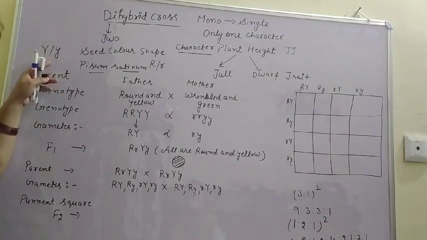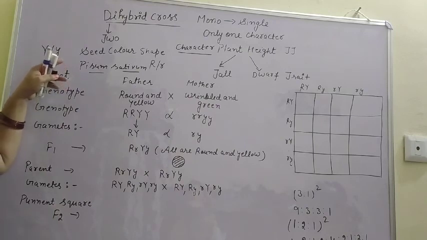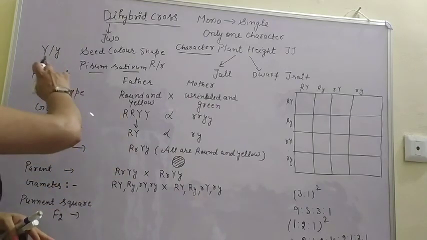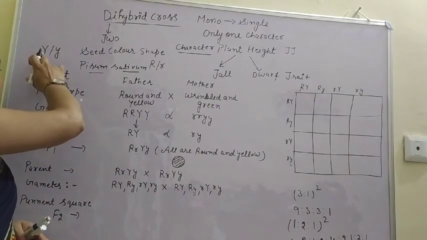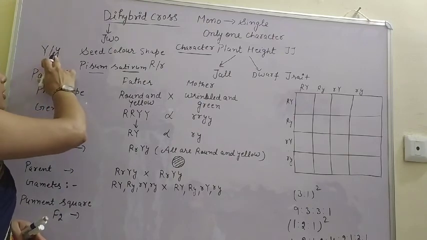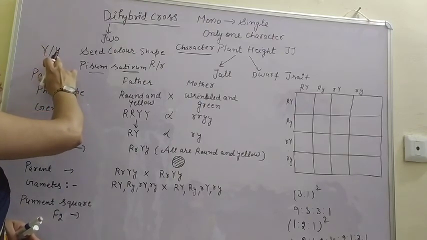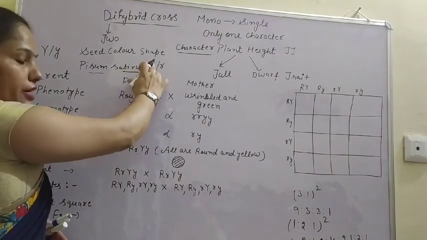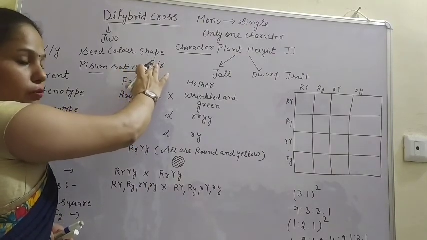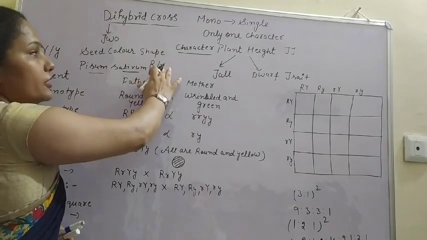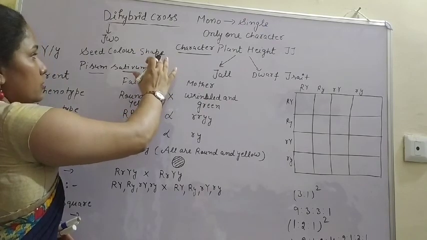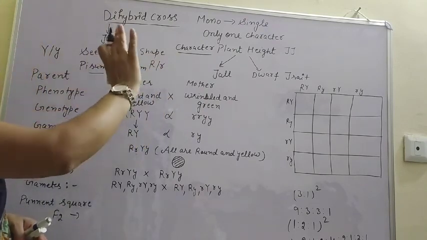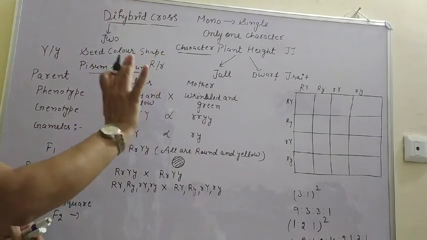So the capital letter for the dominant character and the small letter for the recessive character. Here the dominant character is the yellow color, and the green color is for the small y. Also for the shape, the round is the dominant, and the small r is for the wrinkled. So those are the 2 characters we have taken.